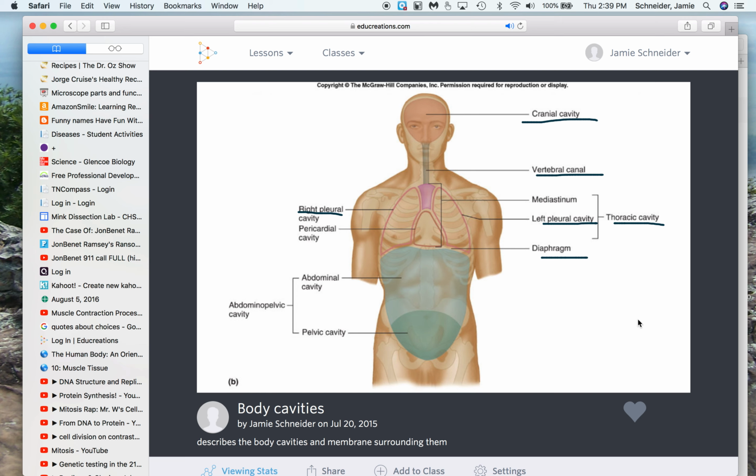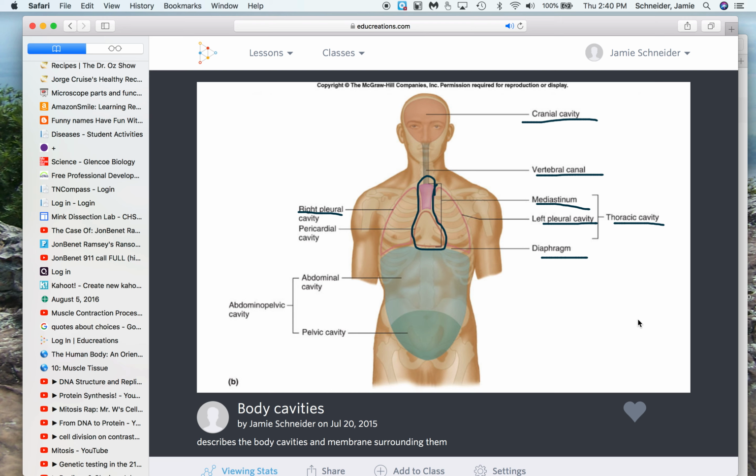Then you have this area in the middle called the mediastinum. The mediastinum encloses this area right here and the heart area here. It includes the esophagus, the trachea, the aorta, and the heart.